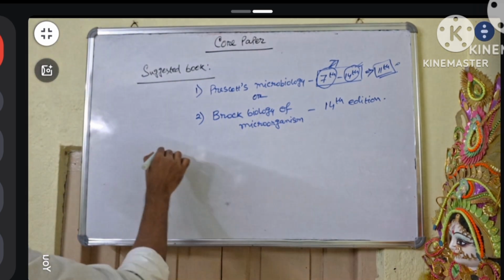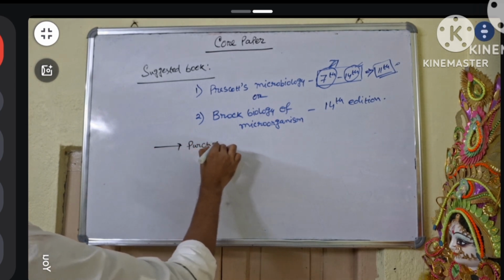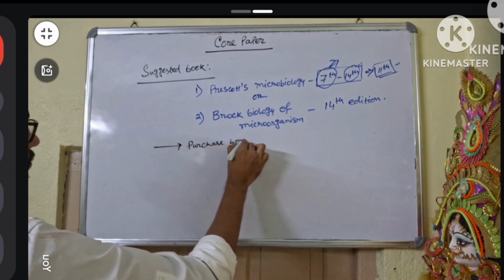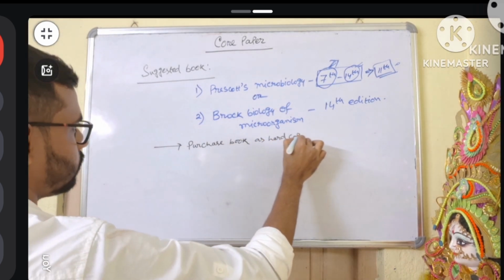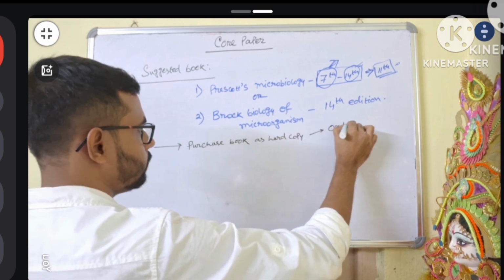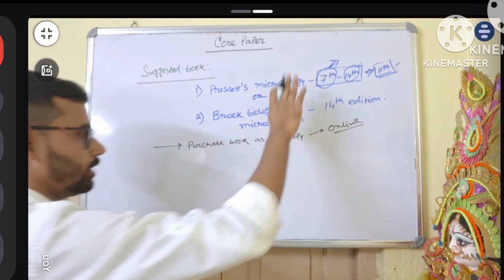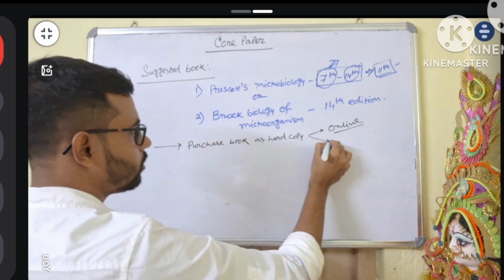There are two options. You can purchase the book as a hard copy. For purchasing, you can opt online, Amazon or Flipkart, or offline at College Street.